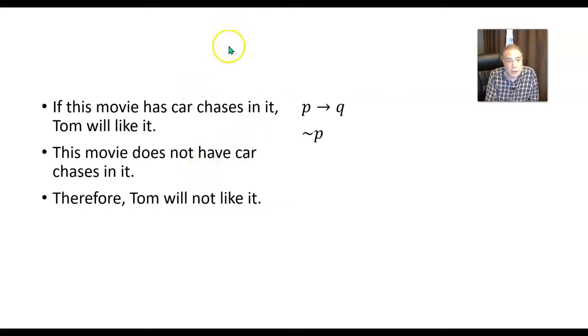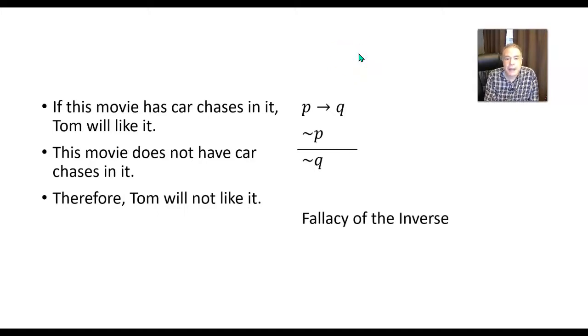The movie does not have car chases in it. And the conclusion, therefore, not Q. Do you recognize this pattern? This is the fallacy of the inverse. Just because a conditional is true doesn't mean the inverse of that conditional is true. So this is invalid.